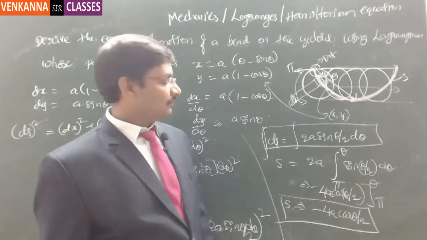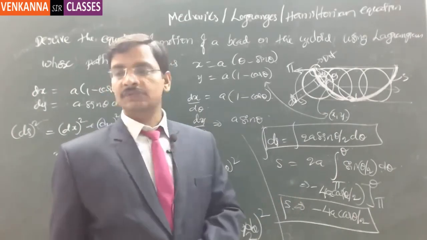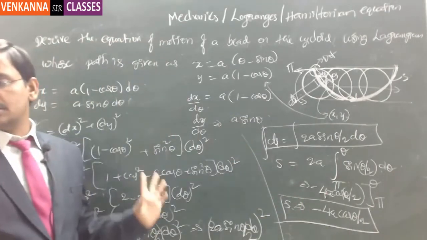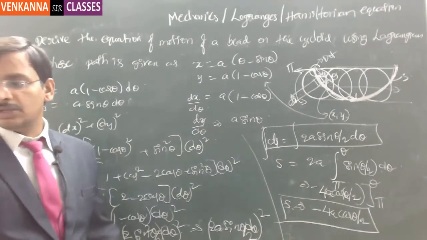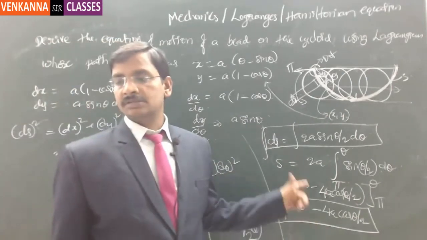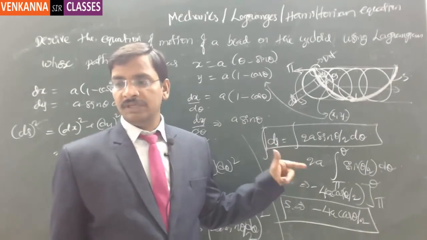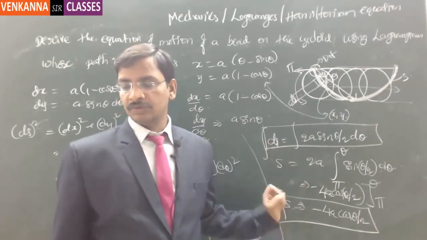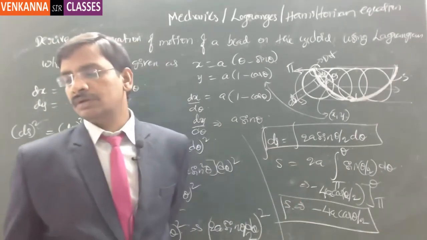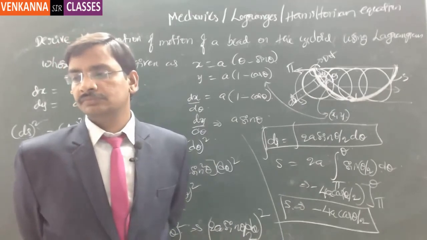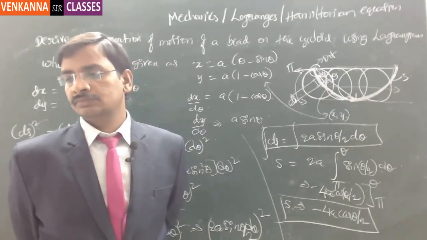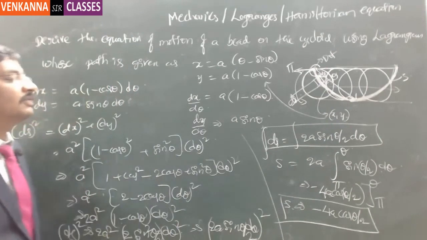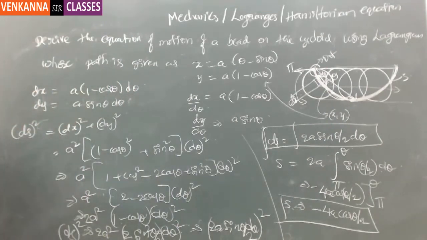That's why you have to identify the value of s first. Once you identify it, you can identify the Lagrangian as half m v square, where v is s dot. Got it? Understood or not? So note down till this point, then we are going to find the Lagrangian based on this s value.